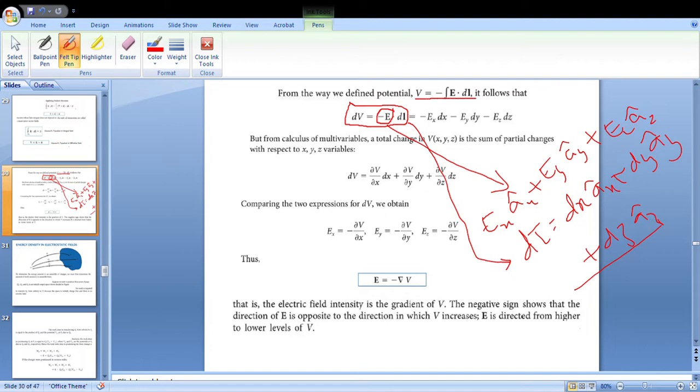Now if you find E vector dot dl vector, what happens? We get Ex into dx, since Ax dot Ax will be 1, and Ax dot Ay, Ax dot Az will be 0. So we get this equation.